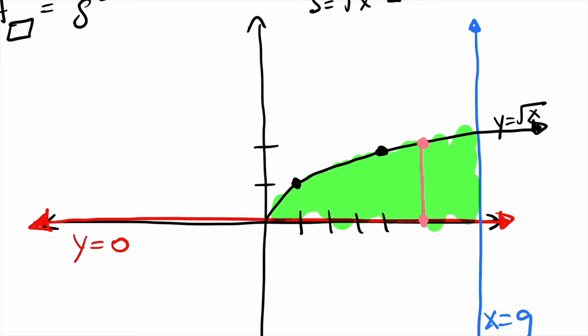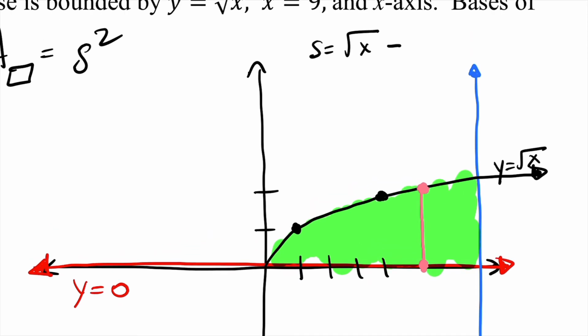How do I determine the y value down there? It's always going to be y equals 0 because that's the x-axis, right?